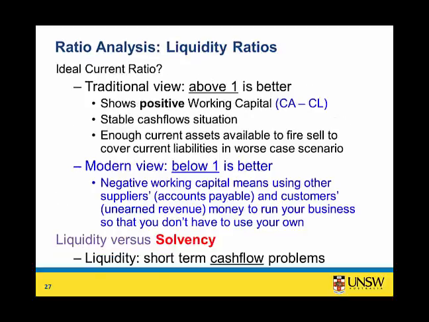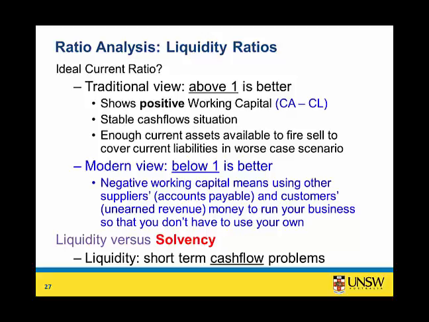Now, if we consider liquidity ratios, there was a traditional and old view about the current ratio, which was that one was always better, or at least above one. So if it was above one, the company's current assets were covering its current liabilities.